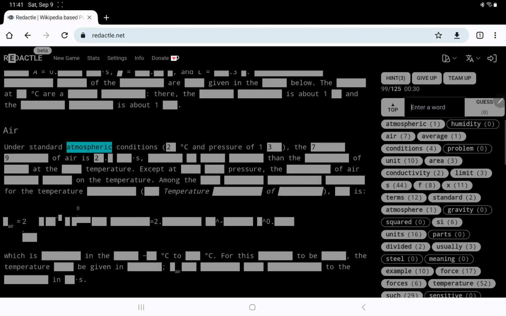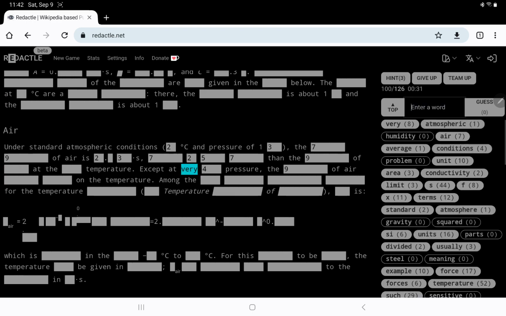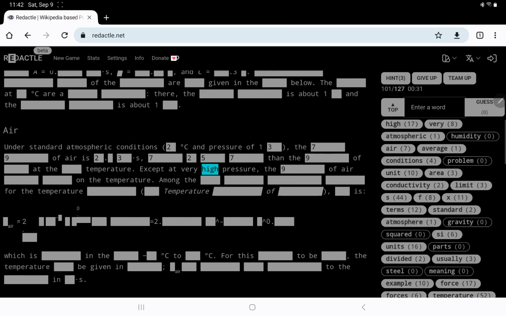The blank 9 of air is so many 3.s 725, except at very high.